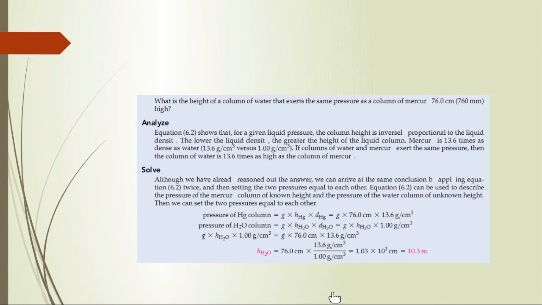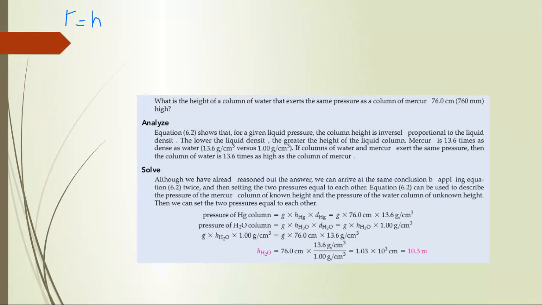First of all, you have to equate the pressure of the mercury column and the pressure of the water column. So you have to know the pressure for a liquid.